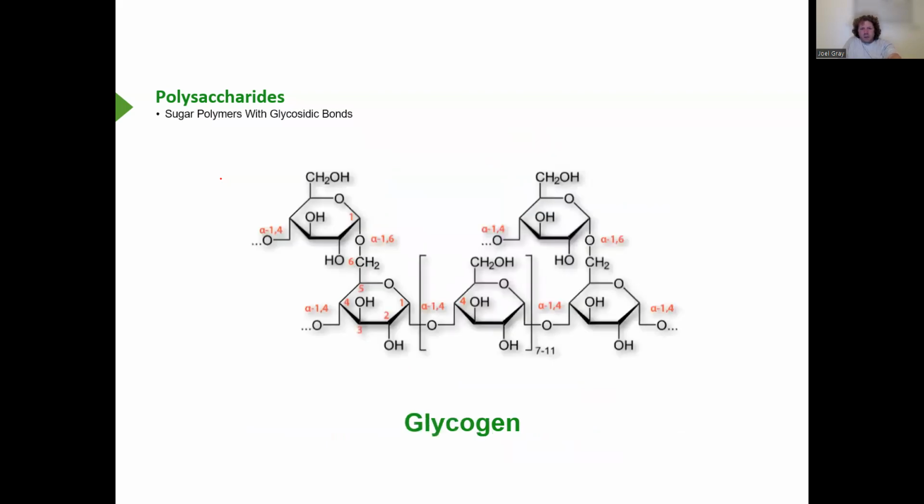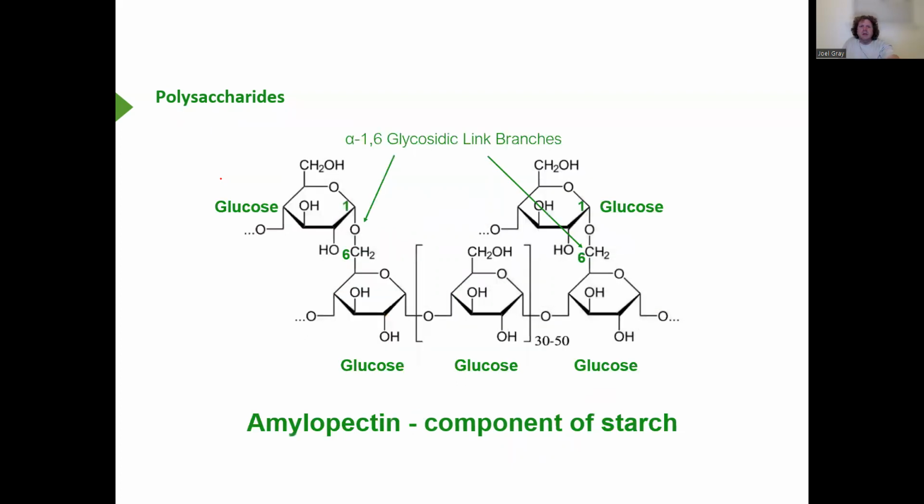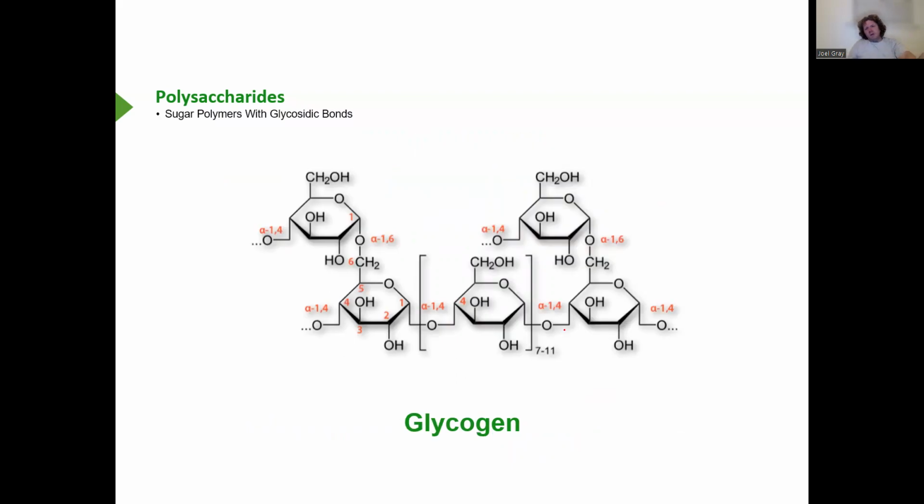Now, glycogen is a bunch of alpha-1,6 glycosidic linkages and alpha-1,4 glycosidic linkages, and you might think to yourself, well, that's the same thing as amylopectin, but it's not, because here we have a branch every 30 to 50 residues in amylopectin, or every 7 to 11 in glycogen. So these branch points are much more common.